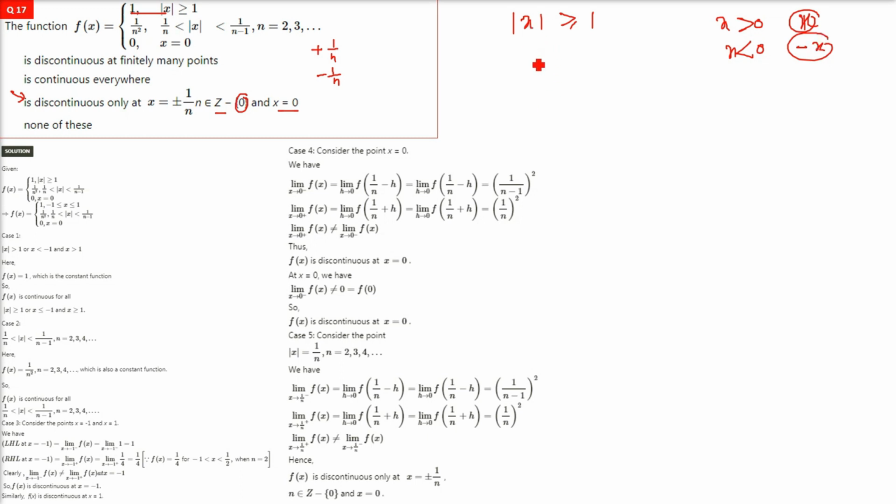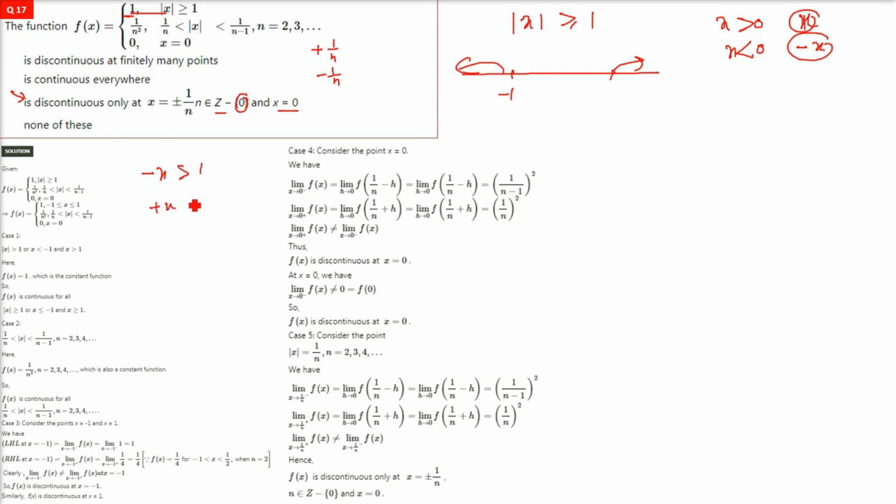I'll give you another explanation of it, because this is very important. When you say mod x is greater than or equal to n, what does that signify? That you are not taking values in between negative and positive 1. Mod x is x or minus x.